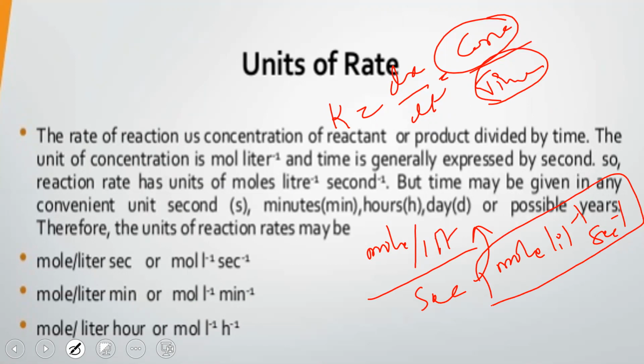The unit for the rate is mole liter inverse second inverse. Here it is mole liter inverse minutes inverse. In an hour, mole liter inverse hour inverse. So these are the units for the rate.